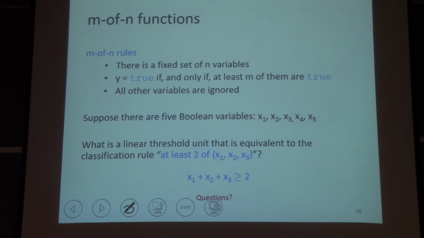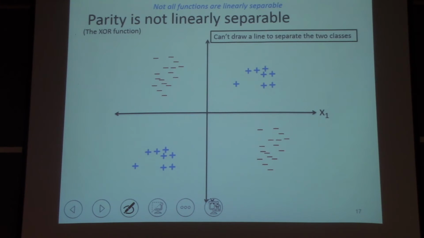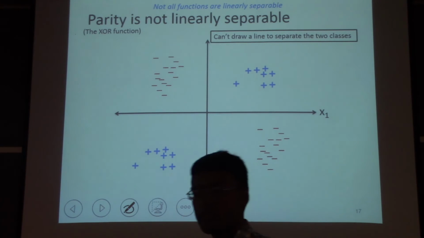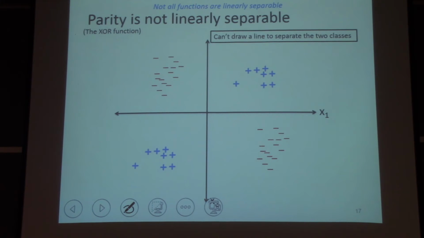So this is good. There are some interesting functions. So the set of linearly separable functions is not uninteresting, which is a promising sign. But unfortunately, not all functions are linearly separable. The classic example of this is the parity function. The parity function might look something like this. You might have seen this as XOR, for example. You cannot draw a line that separates out the pluses and minuses here.